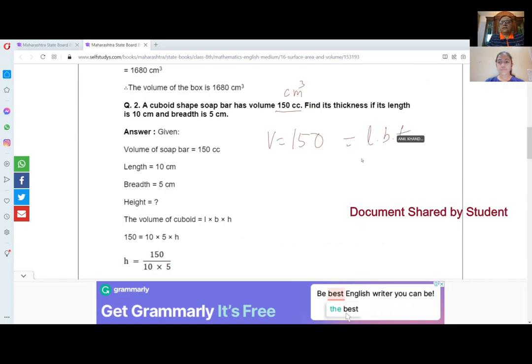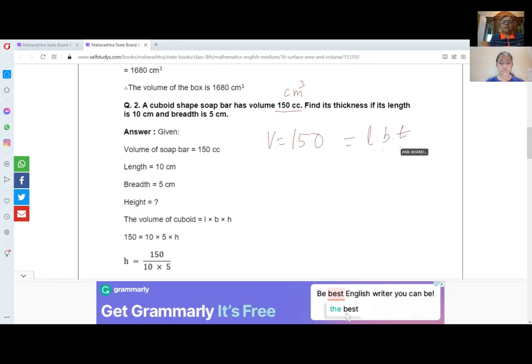Let's say T for thickness, and you know the volume is 150, correct? Since you know length and width, put 10 and 5 and you find the thickness.